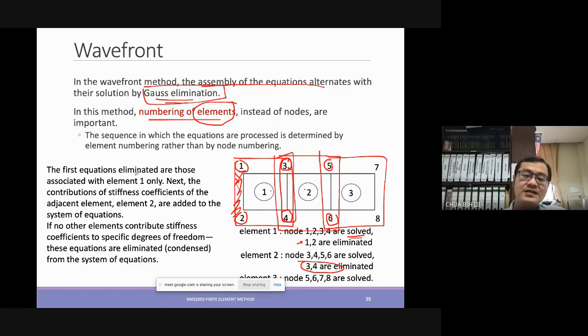So we say that the first element is eliminated, then the next contributions of the stiffness will give you the partitions or group of data that are sufficiently solved for the next element, right?